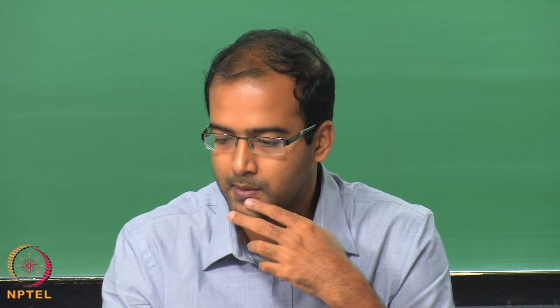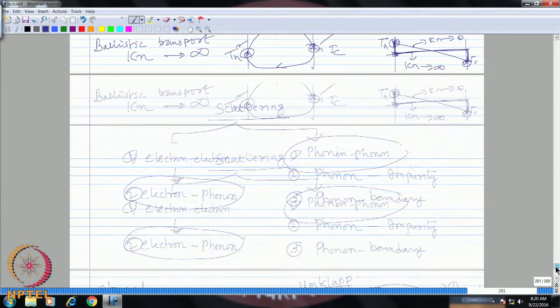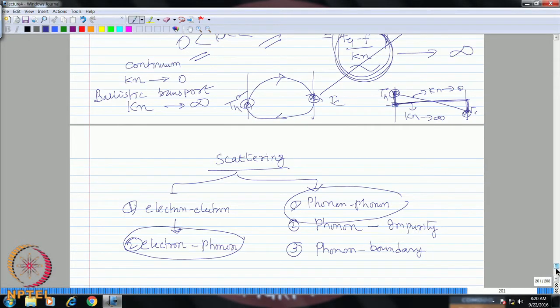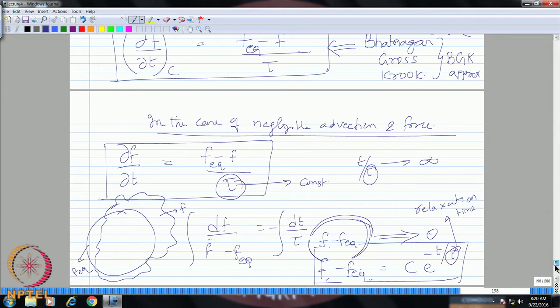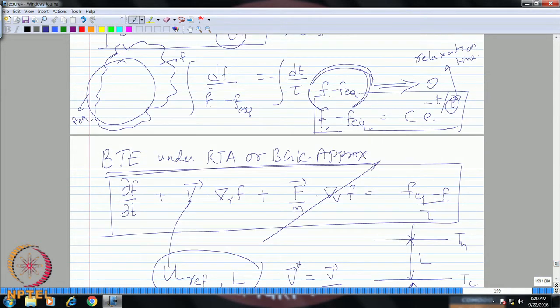Okay. Now, you go back to what we did yesterday in terms of Knudsen number and even one step before that, f minus f equilibrium is equal to e power minus t by tau. So, when we are talking about large values of t by tau, okay, this is the typical case of small Knudsen numbers, right. So, in that case what will be the deviation of f from f equilibrium? It will be very small, right.